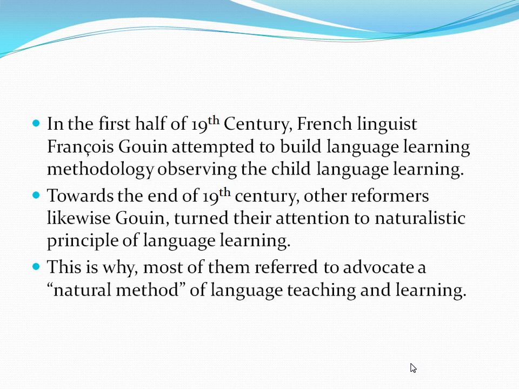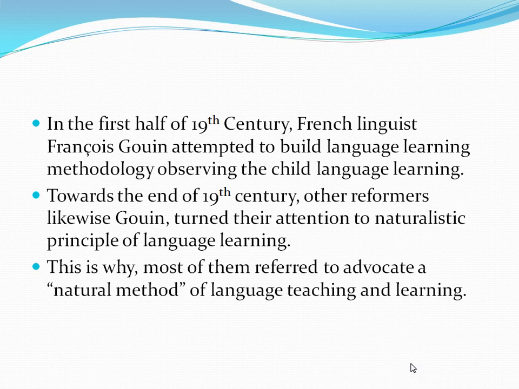Naturally. He observed the child language learning process, and he said that a child learns language naturally. If we can apply that approach, language learning and teaching will be successful. And for this reason, this method is called the natural method. What was the context? Observing child language learning.